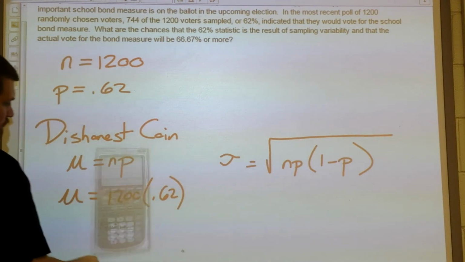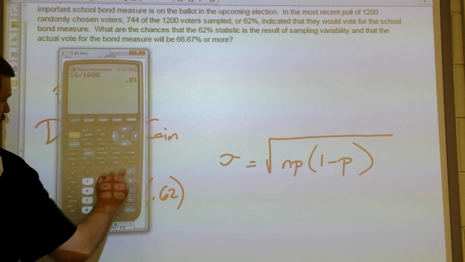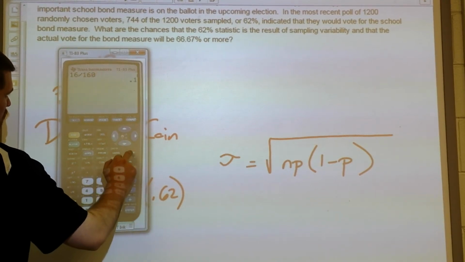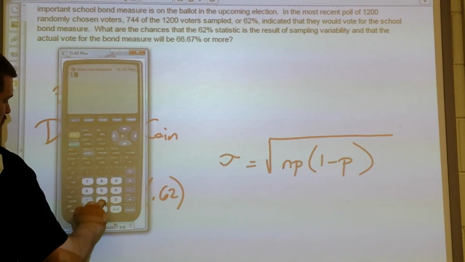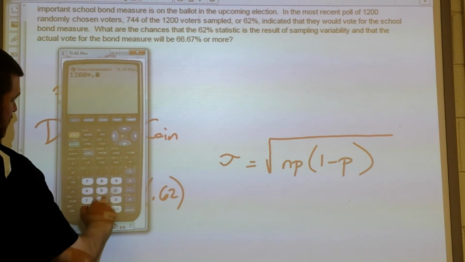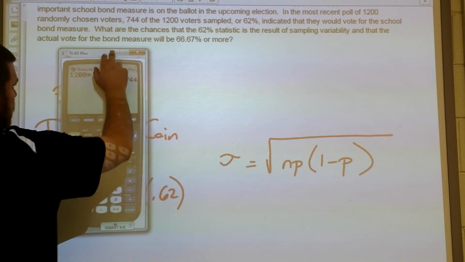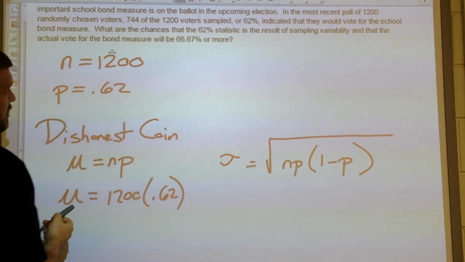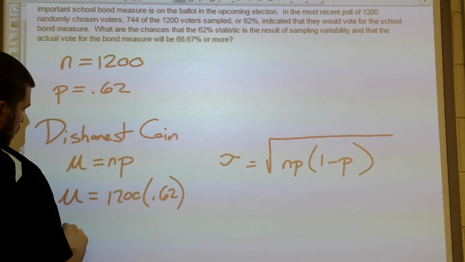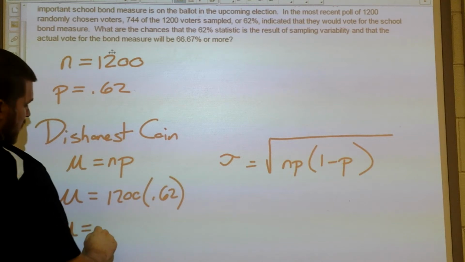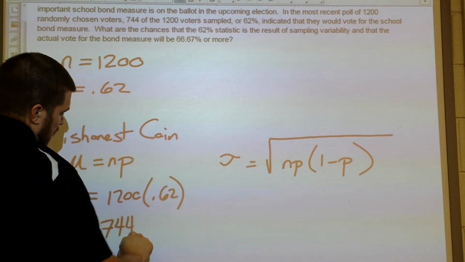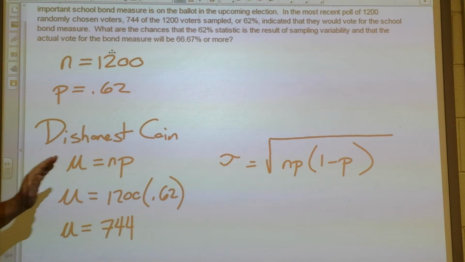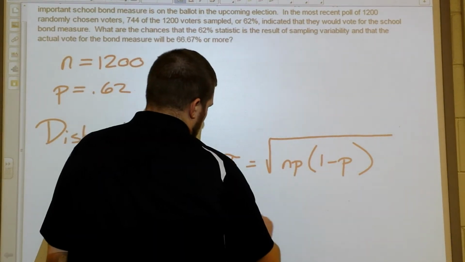Use calculator. 1,200 times 0.62 is 744, which makes sense: 744 out of 1,200 voters sampled, 62%. So on average, we expect about 744 of all people surveyed to say they want to approve the school bond measure. Let's get our standard deviation now.